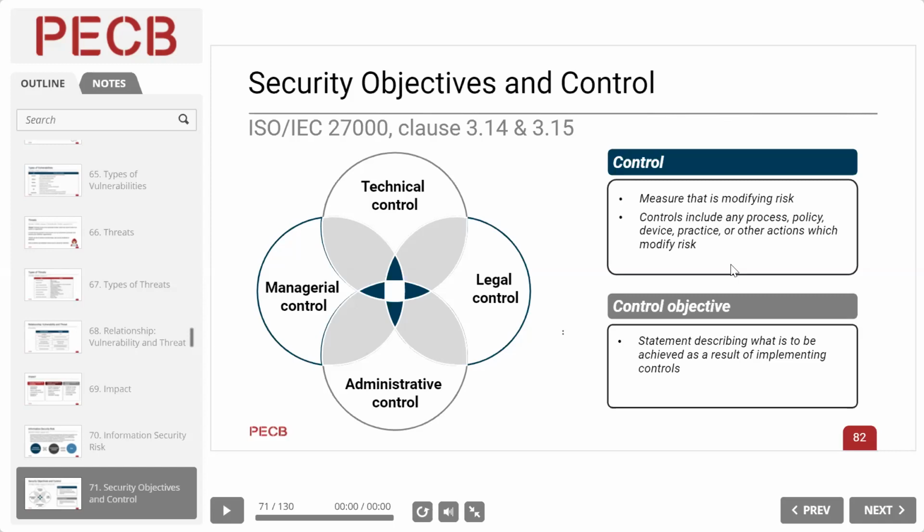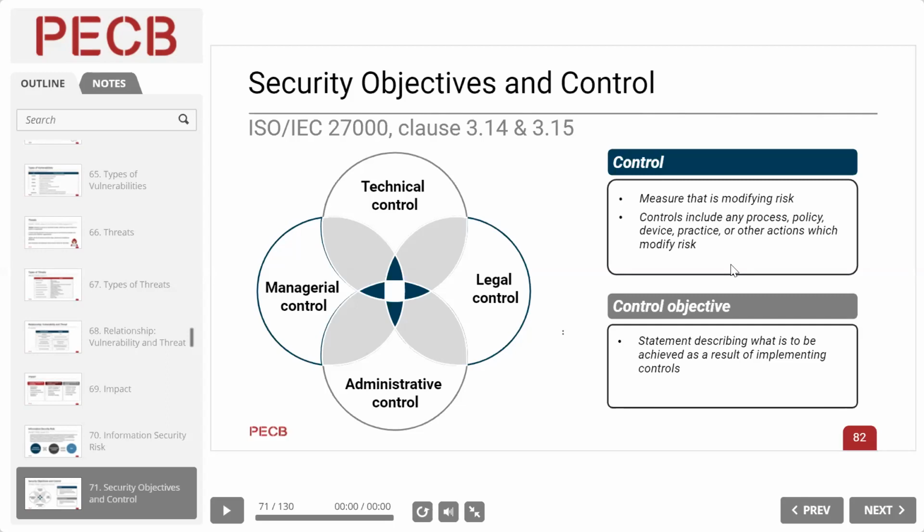Okay, a managerial control is any control that involves the appointment of a human being. So security guards, front desk, they are all managerial controls. When a human being has to perform, then we call it a managerial control. Okay.